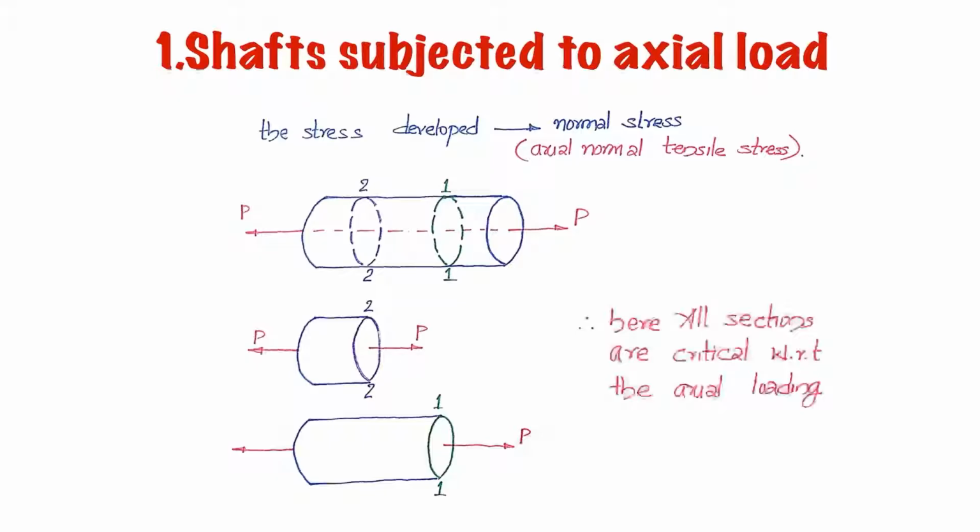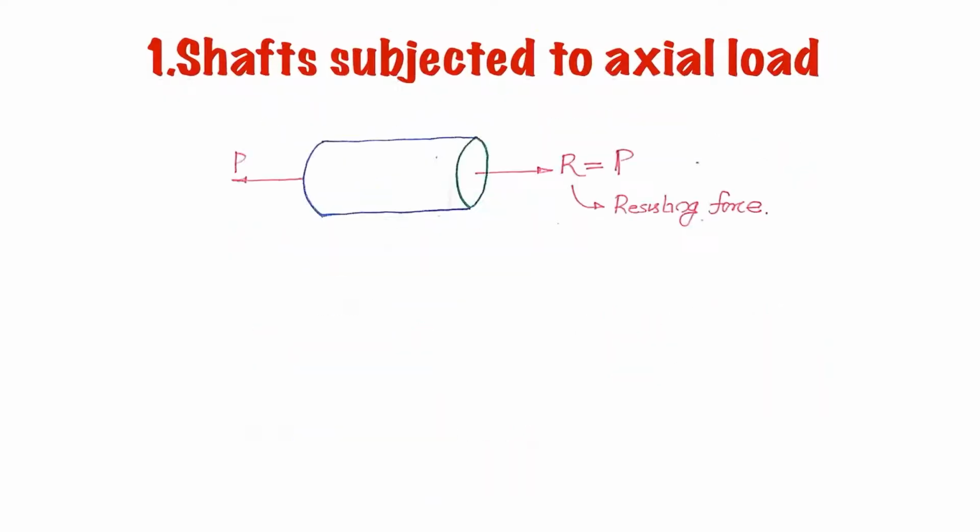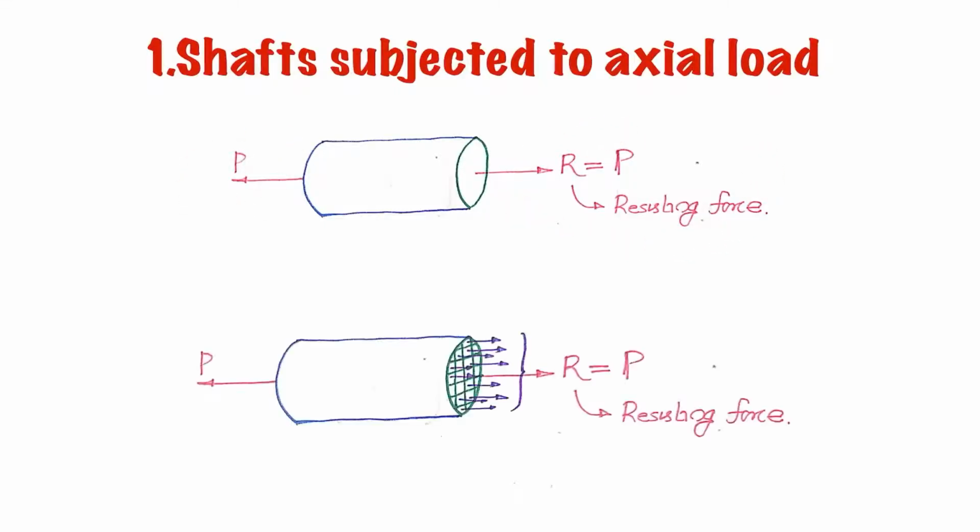So next you have to identify the critical element. If you are taking any cross section which is critical, then where is the element with the maximum stress located? For that I am taking any of these cross sections, which is critical, then you will have the force applied and the resisting force developed. As a result of this, stress will be developed and it is of the nature of axial normal stress.